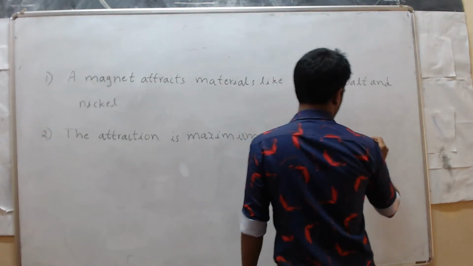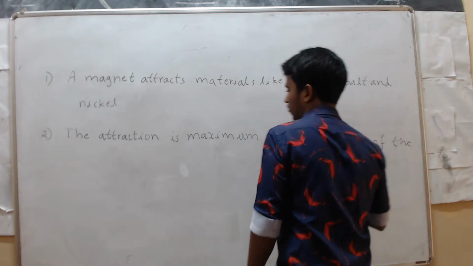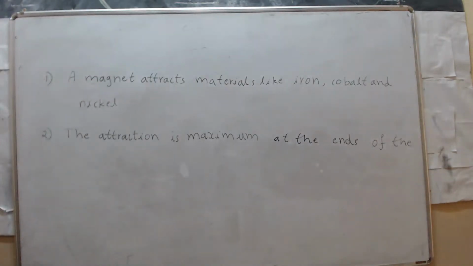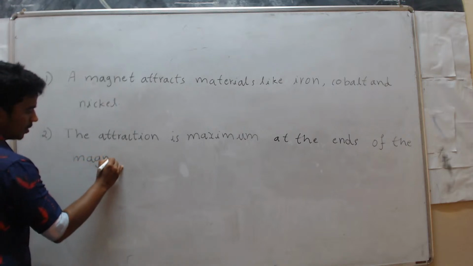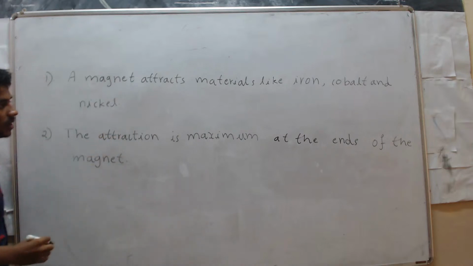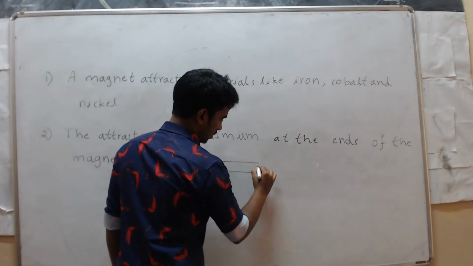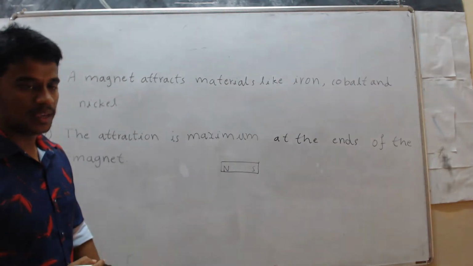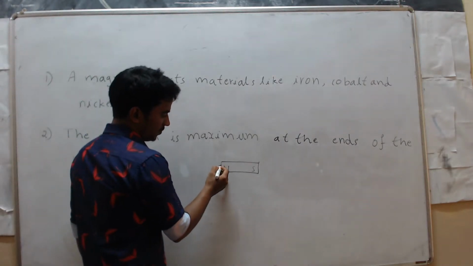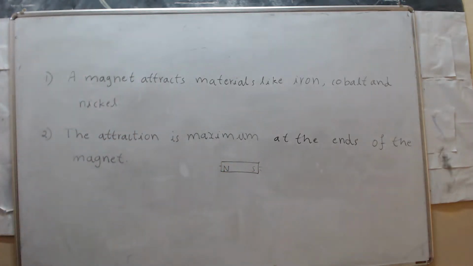For example, say this is N and S. At the ends, here and here, the magnetic force has maximum attraction.